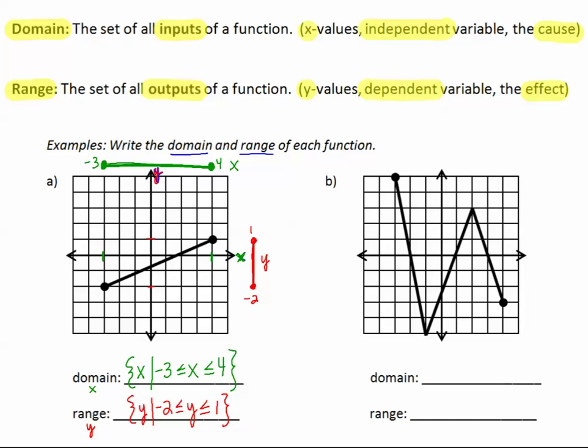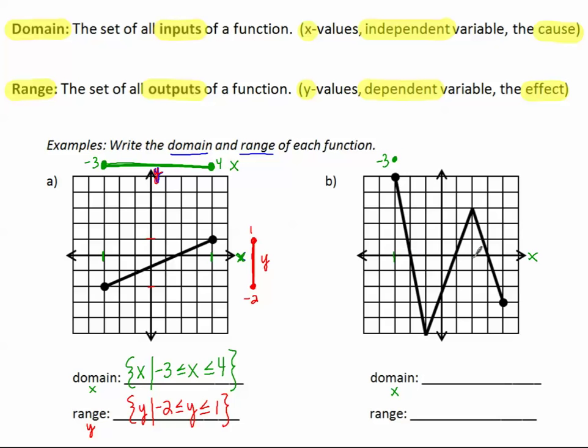Let's take a look at one that might look a little bit more complicated. Again, domain, we think of x. And remember our x-axis goes right and left. So how far left does this graph go? The farthest I see in the graph is here, 1, 2, 3, -3.